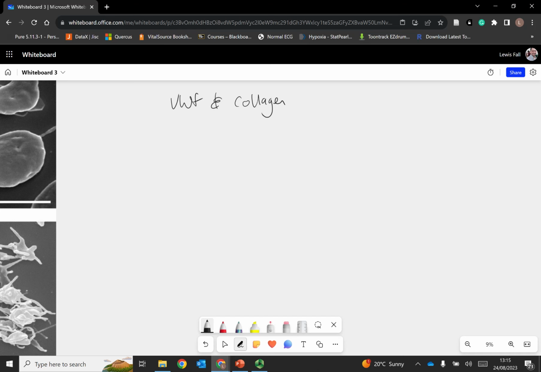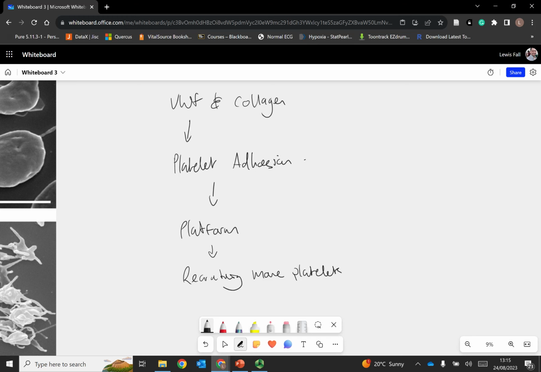Now, these mediated events have resulted in platelet adhesion. And the platelet adhesion and the subsequent activation has given us a platform. What is that platform for? Recruiting more platelets. So what is that? Aggregation.